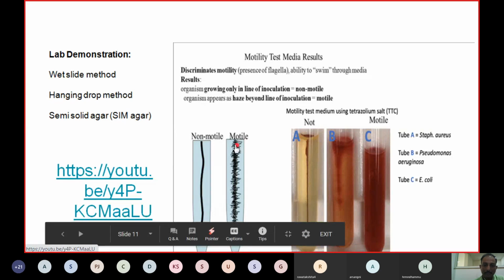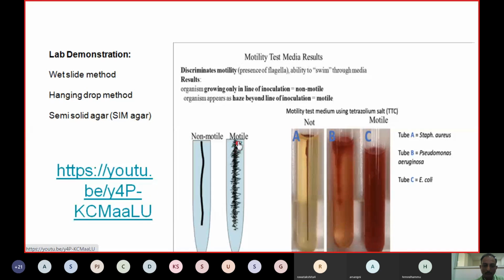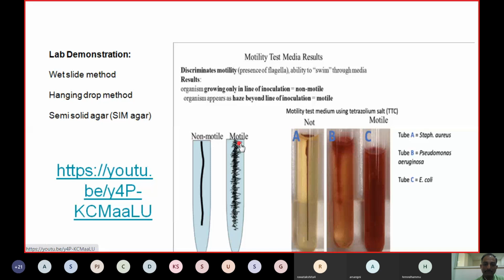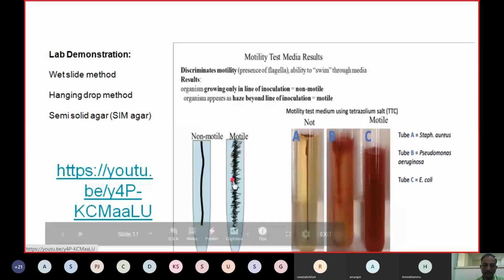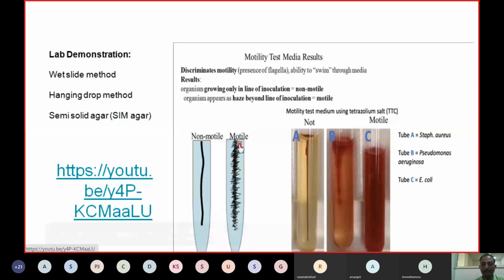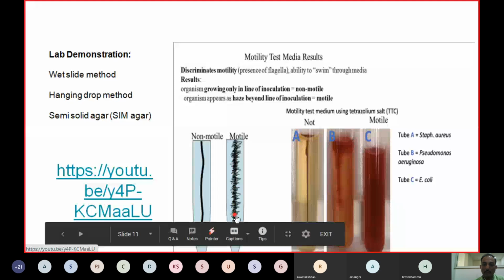But if the growth of a bacteria is seen at the line of inoculation as well as on both sides of the line of inoculation, like this way, then it is said to be a motile bacteria, because the medium is semi-solid and the bacteria moves on both sides of the line of inoculation, and this is how the media tube appears.